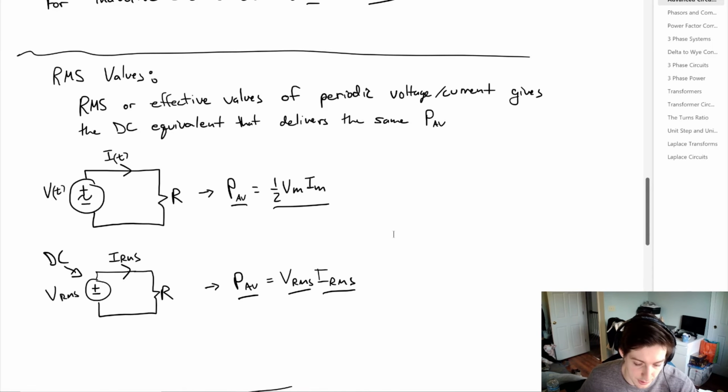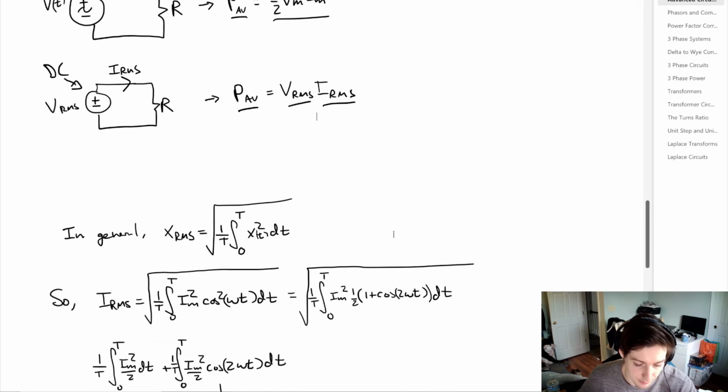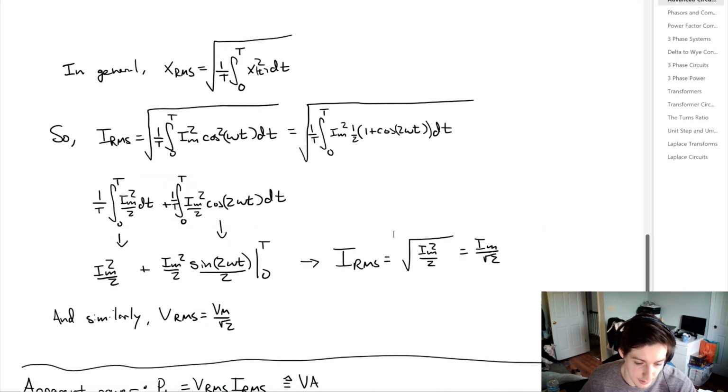To actually get these RMS values, we have another equation, again an integral, except we have a square root over the top of it. Inside the square root, we have 1 over T, the integral from 0 to T of x of t squared with respect to time. For simplicity, if we consider a current that has a phase angle of 0, we arrive at this integral here.